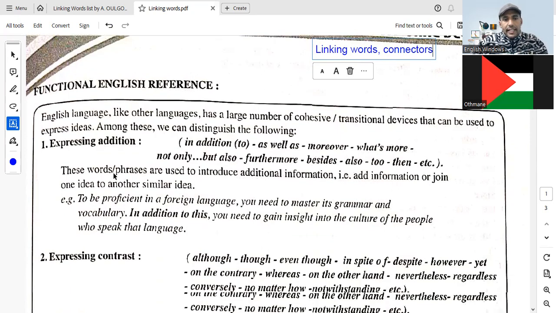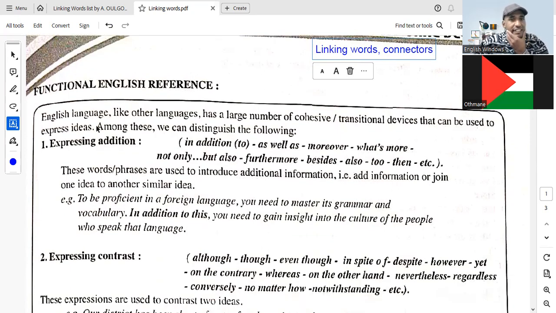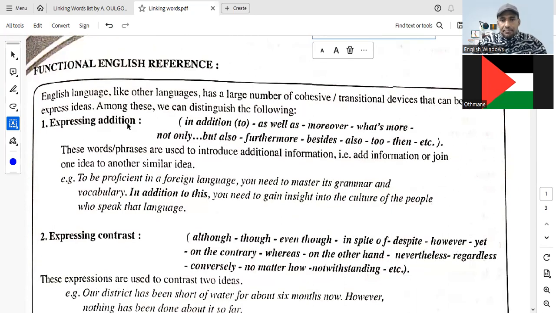In the English language, just like in other languages, we have a large number of cohesive or transitional devices that can be used to express different ideas, or to move from one idea to another. Among these words, we can distinguish the following. We have some linking words that we can use for addition.